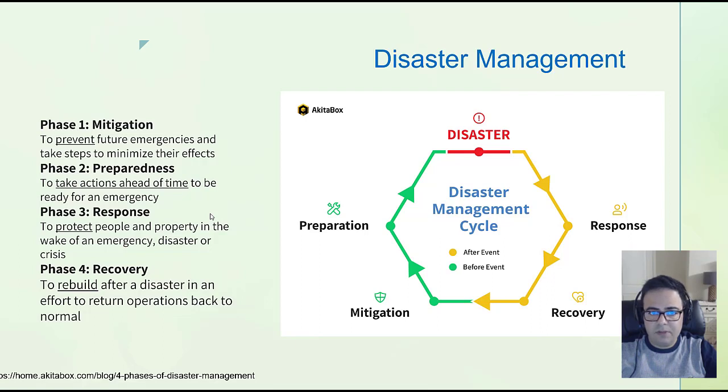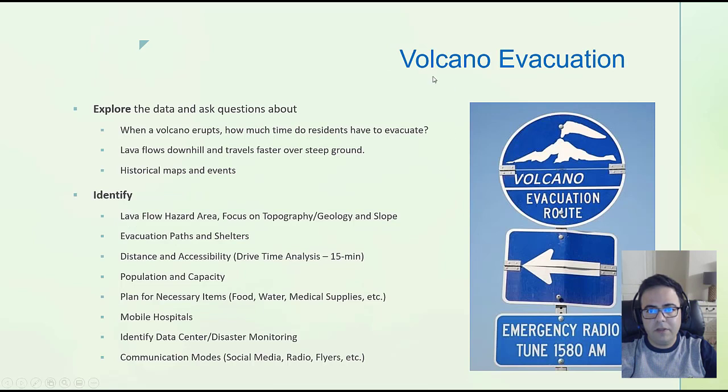So if a volcano happens in a specific location, usually we know some of the regular places for volcano events, and we can think about what possible actions we can take. Think about the volcano evacuation. The first thing we want to do, focusing on specific areas that are more inclined to have volcanoes, is to explore data and ask questions about different things.